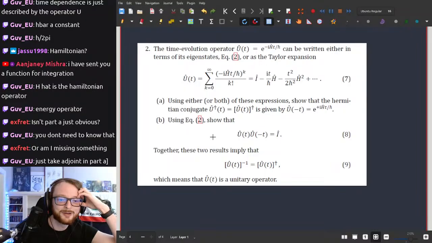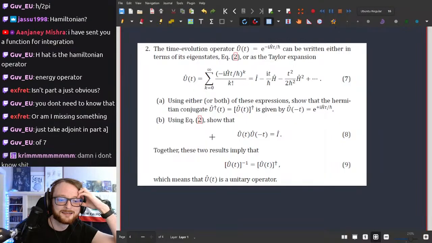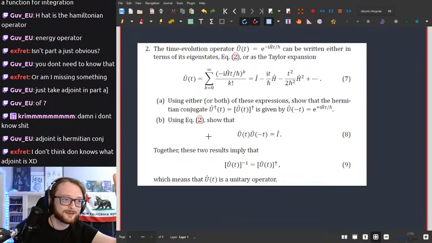Take the adjoint in part A. Adjoint is Hermitian conjugate. Okay, wait. A Hermitian matrix is one where the matrix is like symmetric, but you conjugate it or something like that.